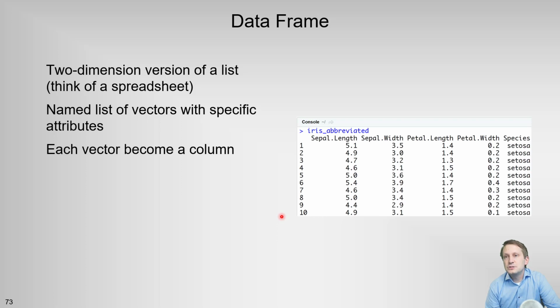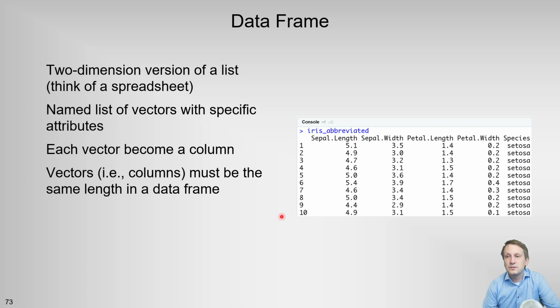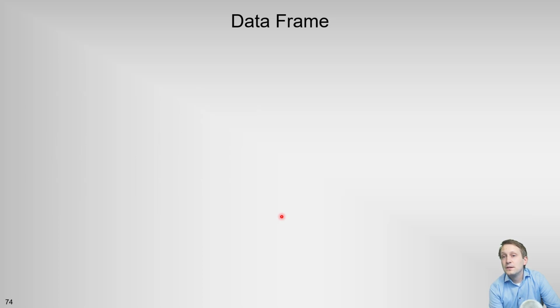So each column is basically a vector, and again, they can be different types. So they can be numerics and character and so on. And they just all stack together so that they must have the same length, right? Because it's not a ragged structure, but each element of the data frame, each vector in the data frame, each column needs to be the same length.